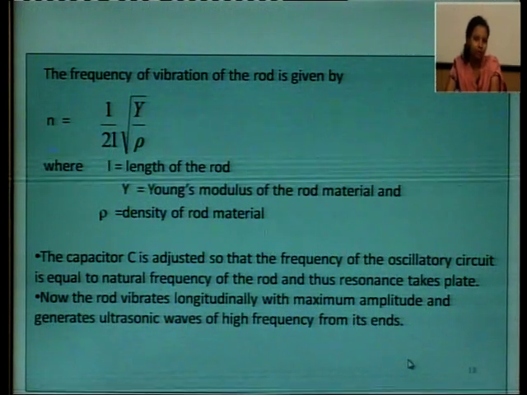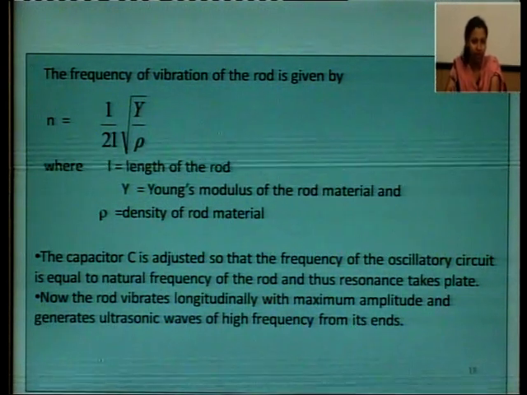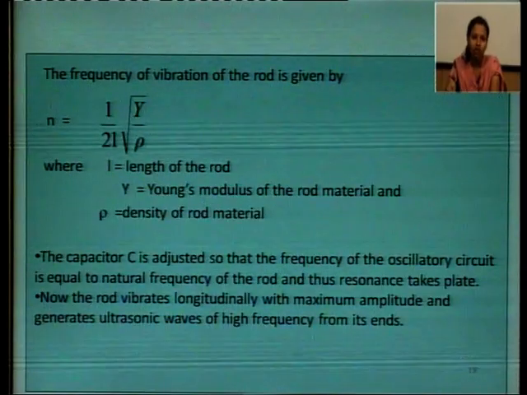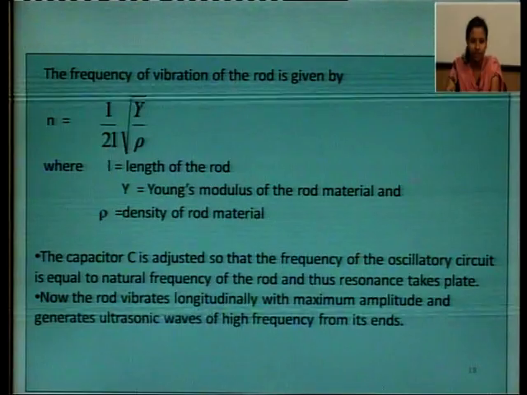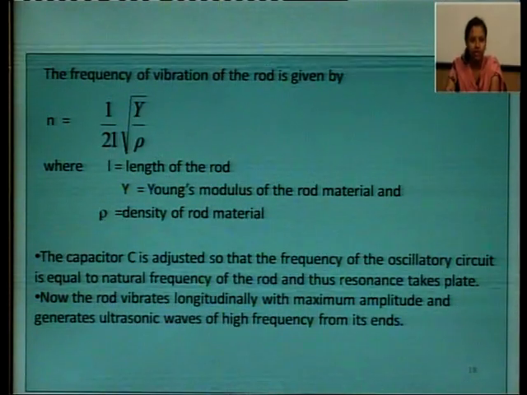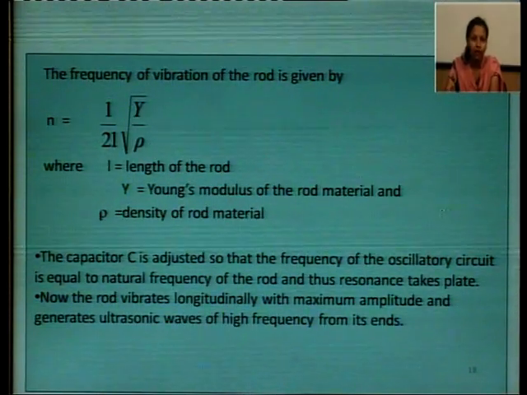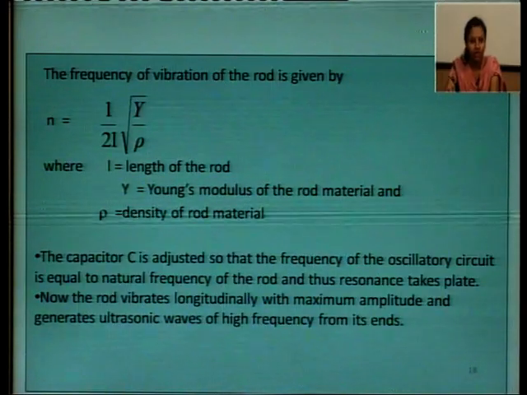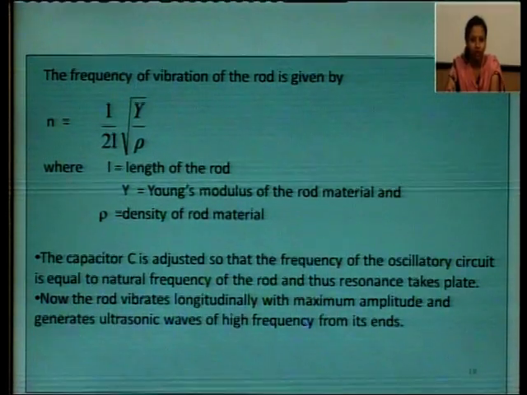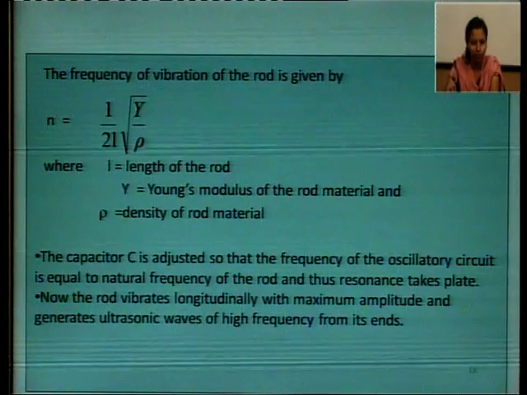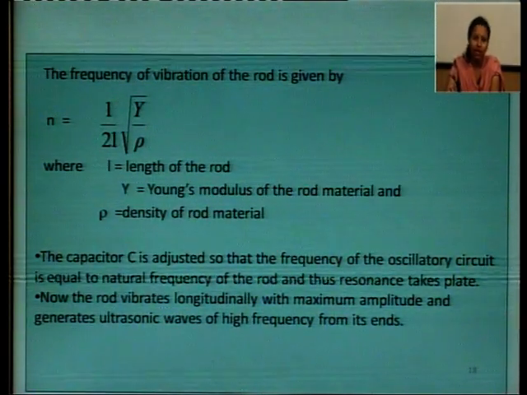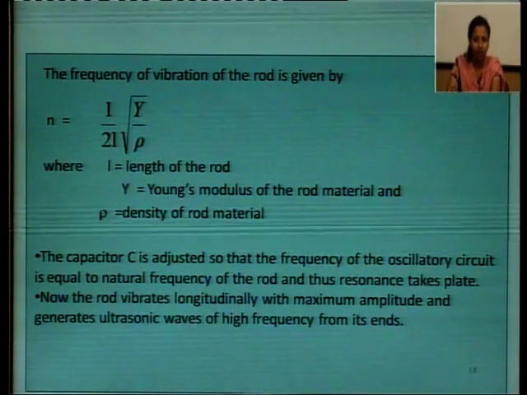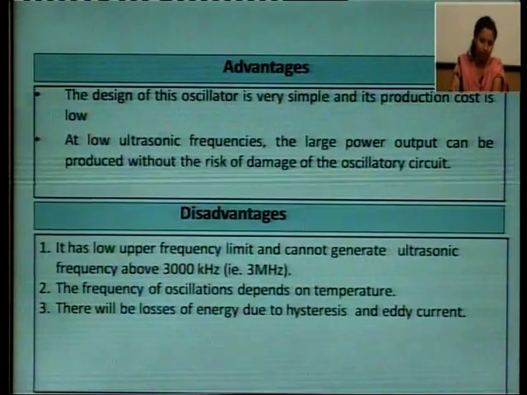So this is the complete magnetostriction effect, in which we are taking two frequencies: one is the frequency of the oscillatory circuit and another is the frequency of the rod. When these two are equal, resonance takes place, and at that time the rod vibrates with maximum amplitude and generates ultrasonic waves with high frequency.